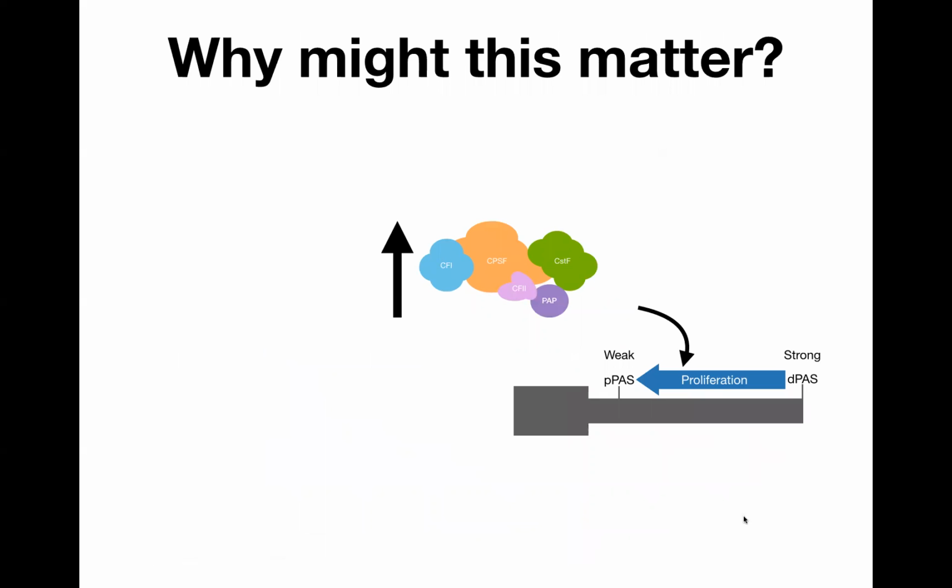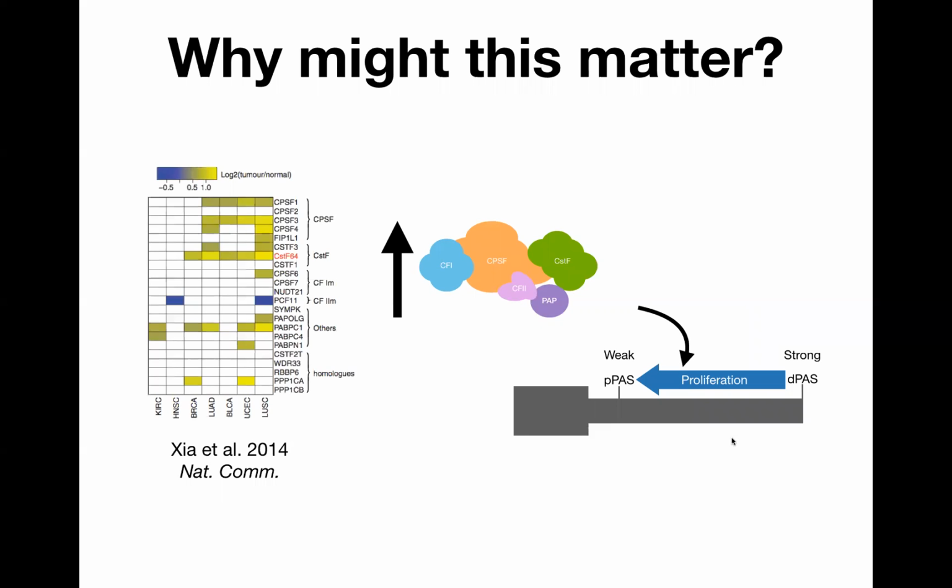Why might this matter in physiological conditions? Recall that I mentioned in the introduction that alternative polyadenylation is implicated in a number of cancers where altered expression of CPA machinery influences PAS choice, leading to largely 3' UTR shortening.